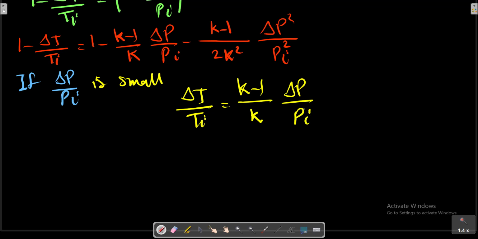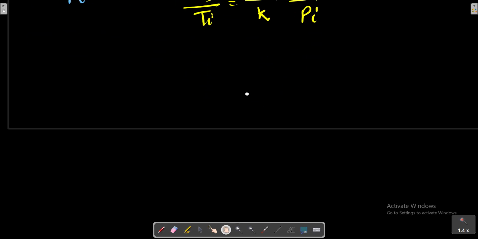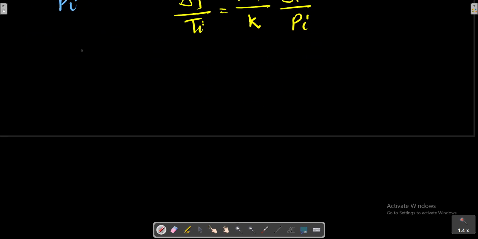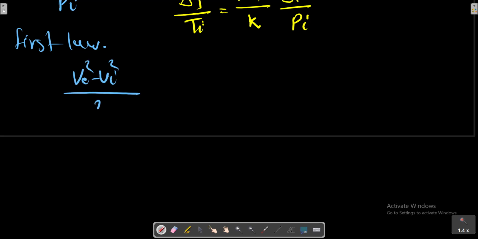Substituting this into the first law equation, we can obtain Ve squared equals cp0 delta P Ti on Pi.